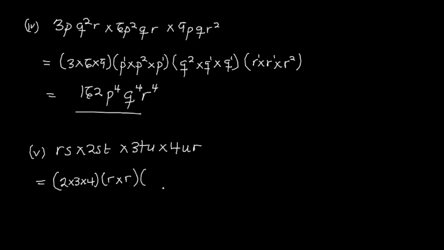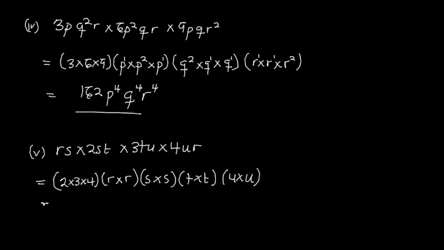Then I go to the s term, so s multiplied by the second s over here. Then the next variable is t, so I have the first t multiplied by this t, and then I have u, so u multiplied by another u.